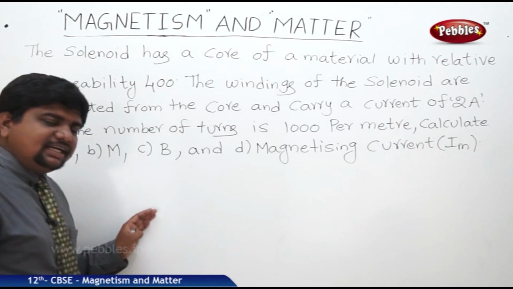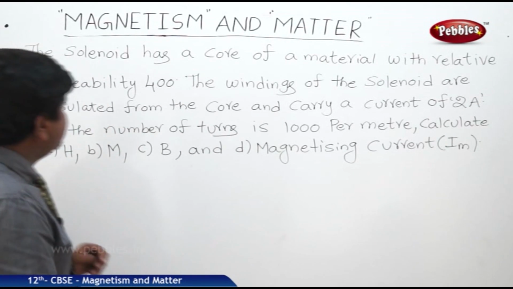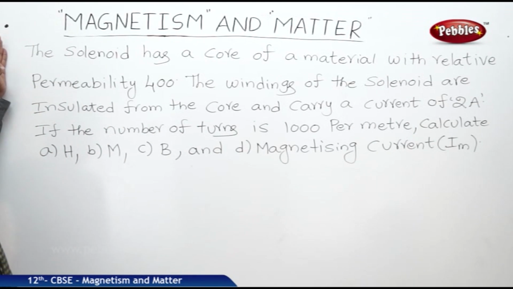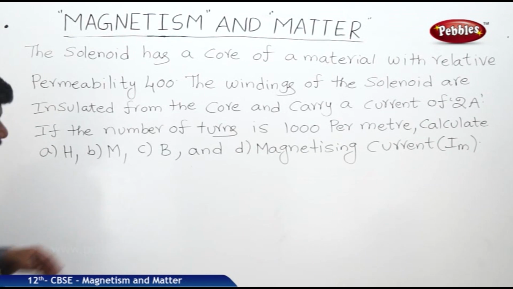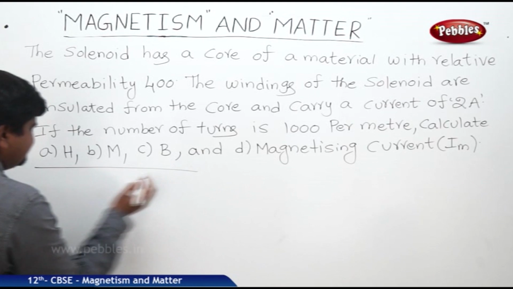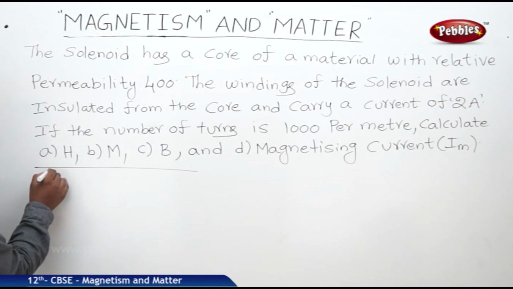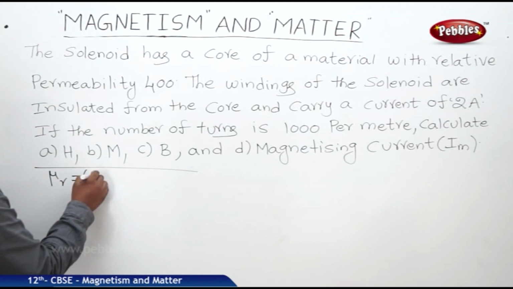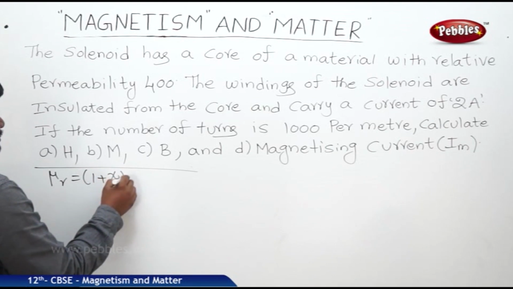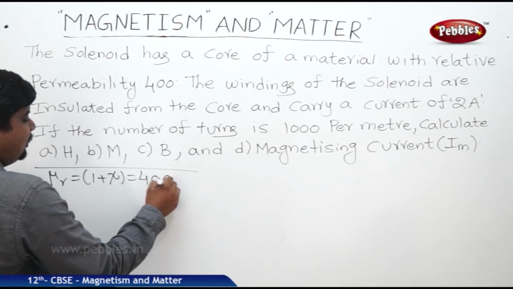This is the problem which relates B, H, mu naught. The problem is: a solenoid has a core of a material with relative permeability 400. So relative permeability mu R is equal to 1 plus chi is equal to 400.